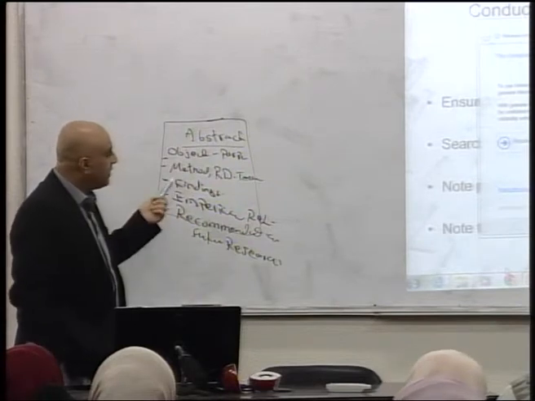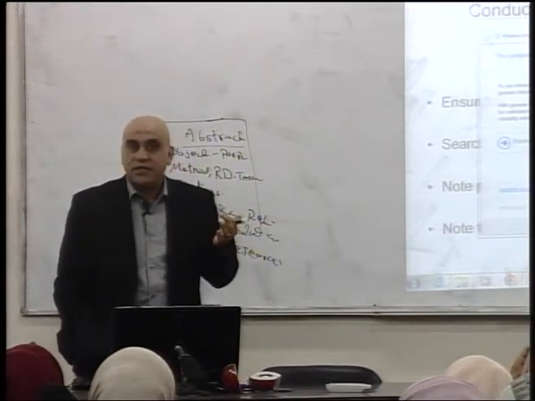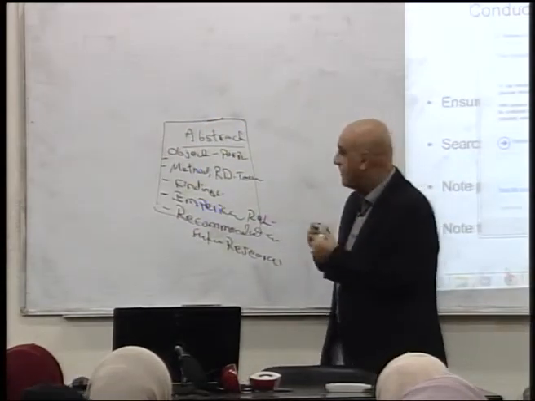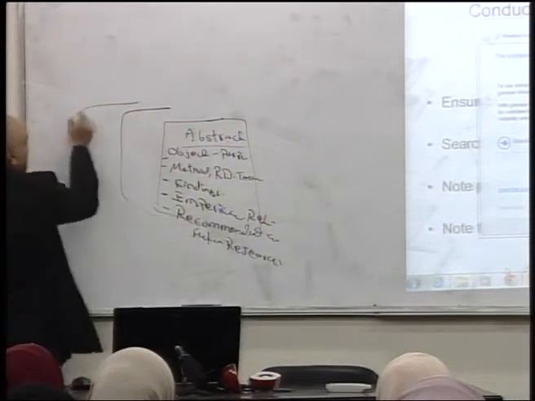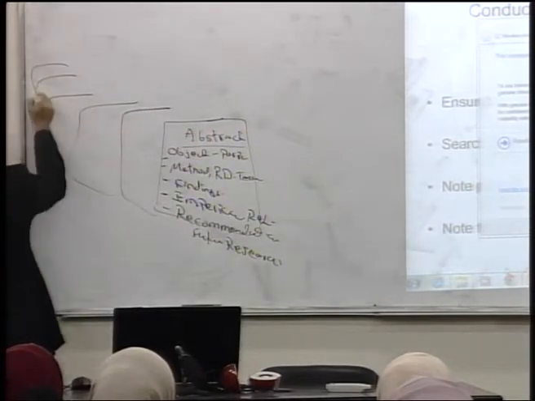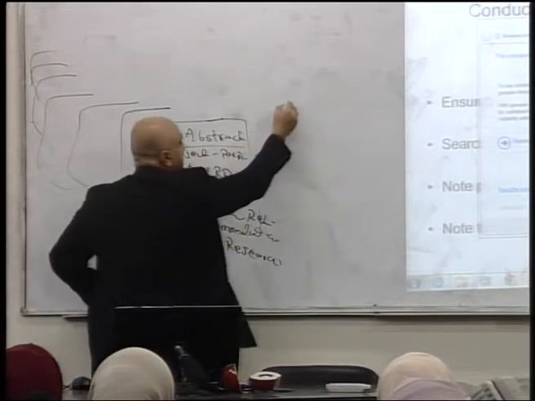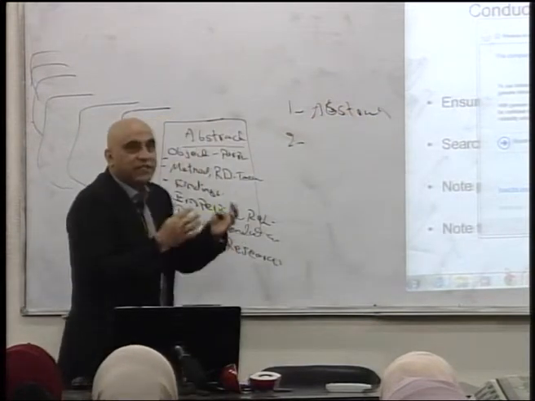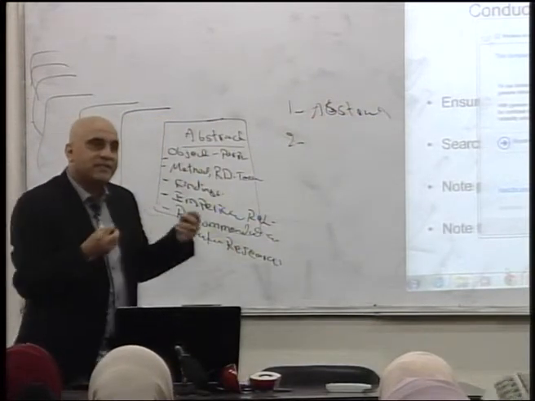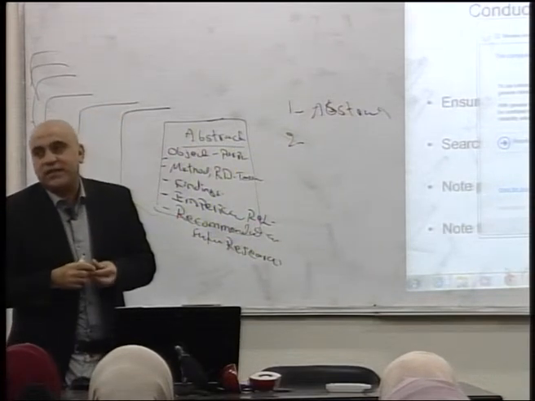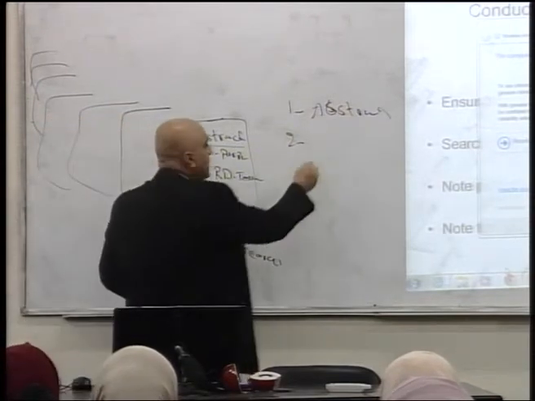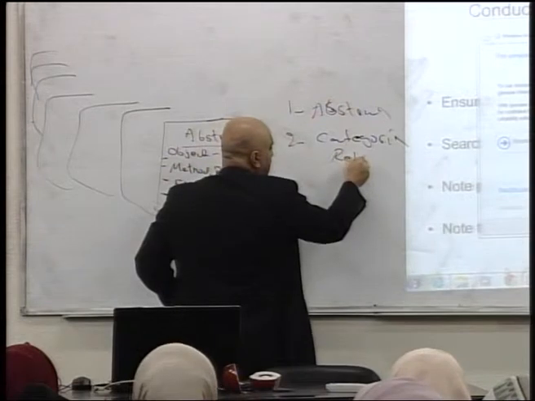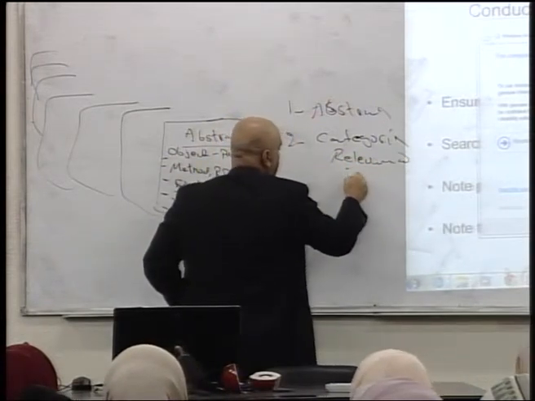Let's say you have 10 or 20 articles: read the abstracts first, then try to categorize them according to their relevance and importance.